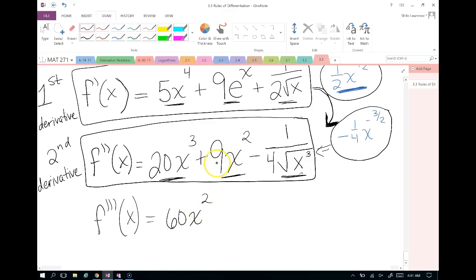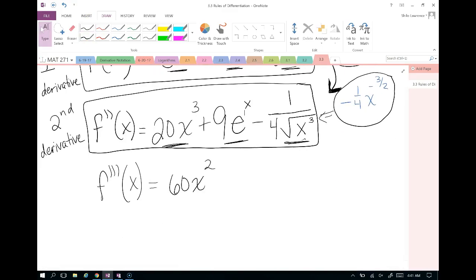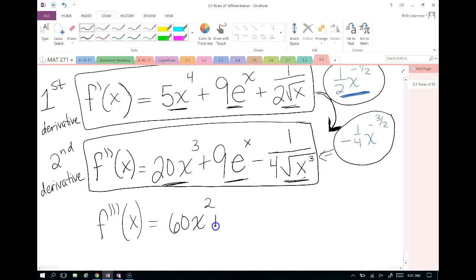The derivative for, oops, I've got a mistake here. That should be e to the x. I'm glad I saw that. The derivative for 9e to the x is 9e to the x. And then the derivative for our last term here, we've got it written in power form over here. We want to bring the old power out front.